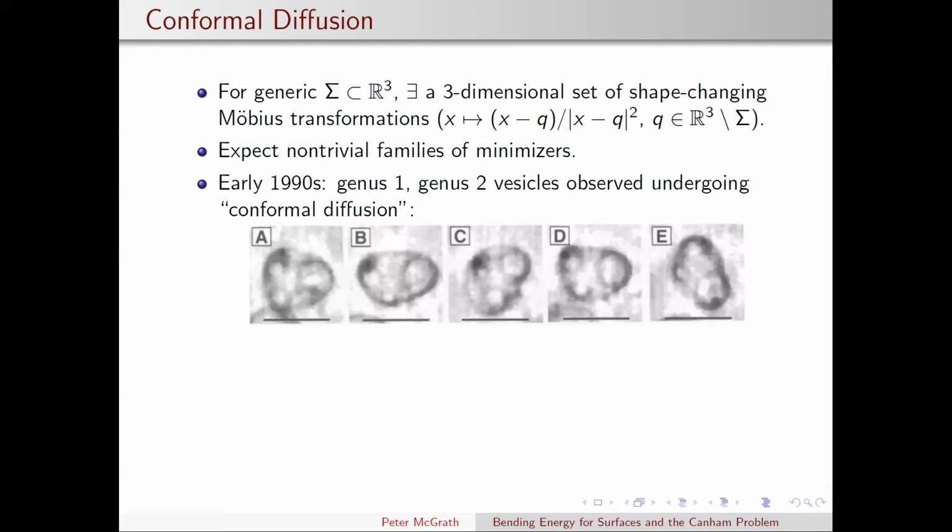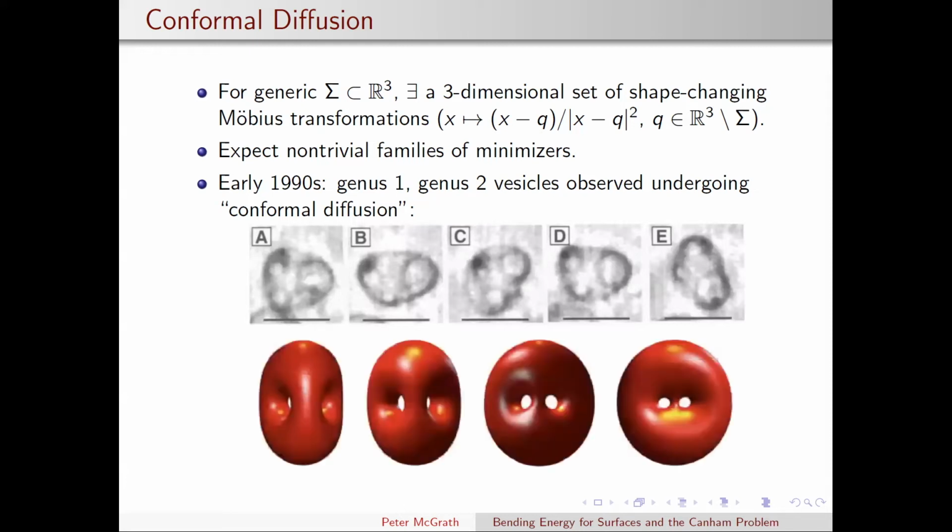It's moving around in a way that its total bending energy is the same, and it's sort of randomly moving around. And here I have some computer pictures of roughly what this looks like if you have a sort of abstract surface, some handles moving around. So this is just sort of an unusual phenomenon. I think it's very interesting.